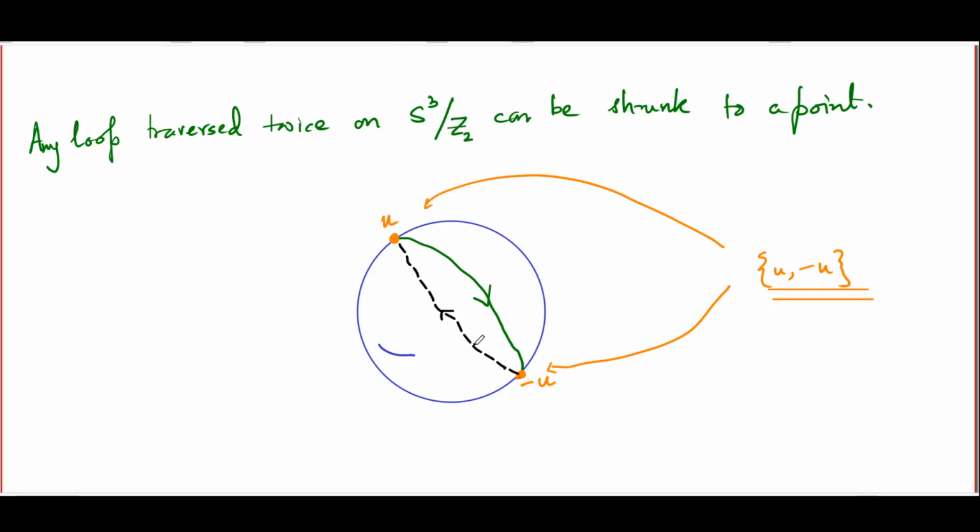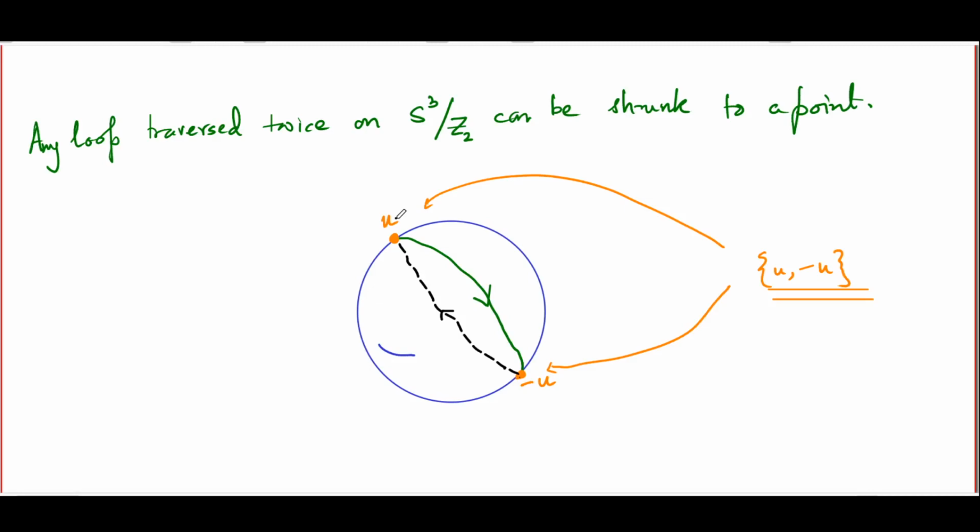Remember, once again, since u and minus u are identified, so is lambda and minus lambda. This black line that I've drawn here, which actually goes across the real surface of the sphere, is really not a new loop. It is the same loop traversed in exactly the same direction.